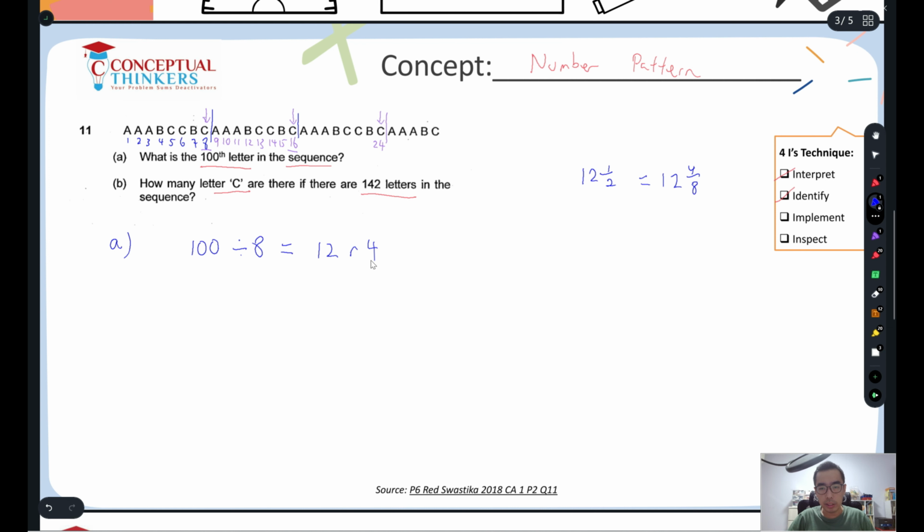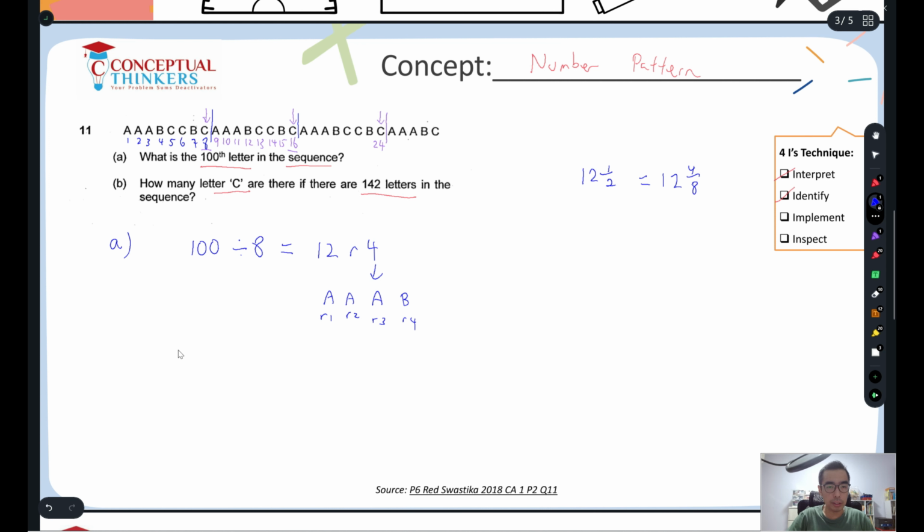Now, what is this remainder? This 12 represents that we have 12 unique sequences. This 4 means that we're going to continue the position. So if you look at 1 here, this is our remainder 1, remainder 2, remainder 3, then remainder 4.